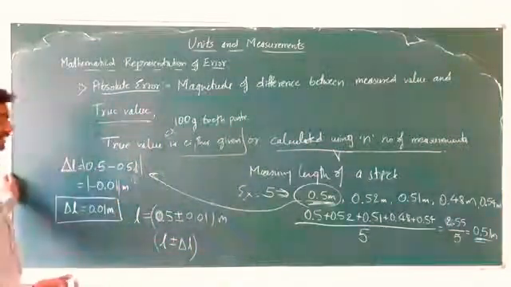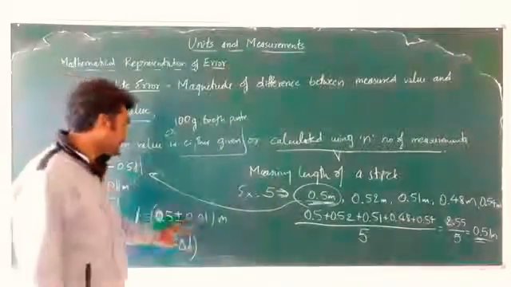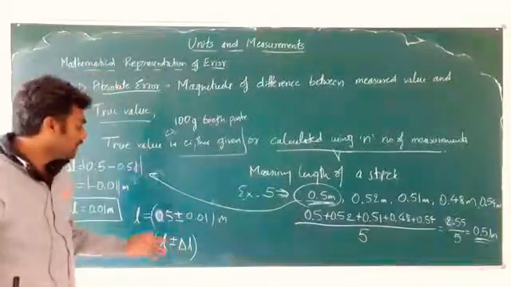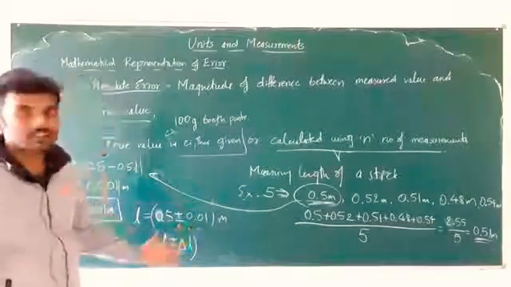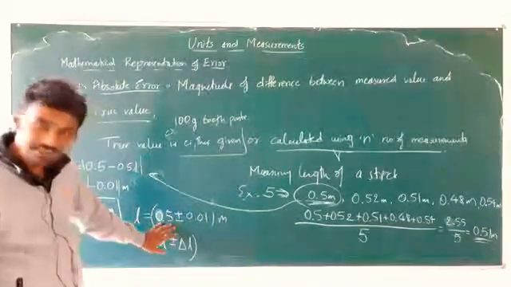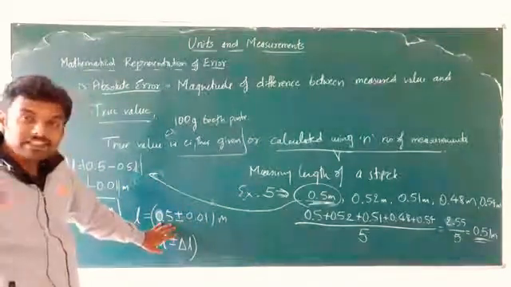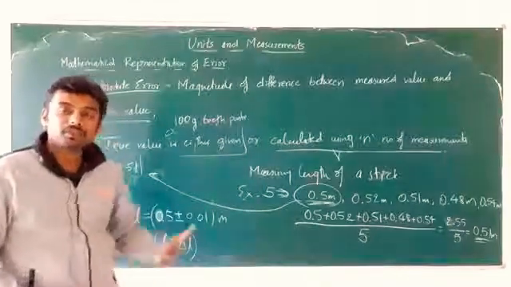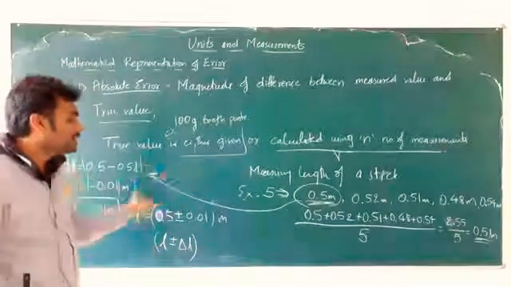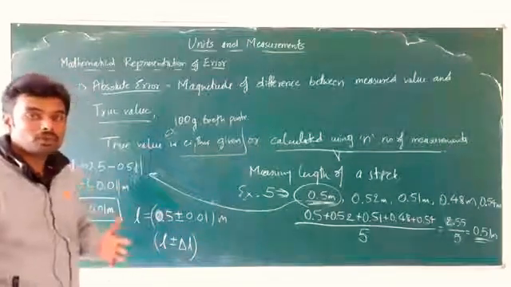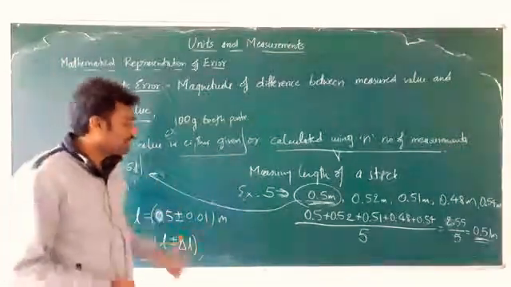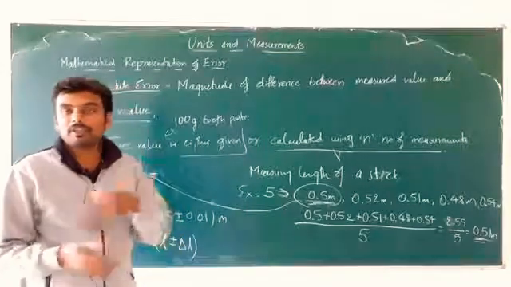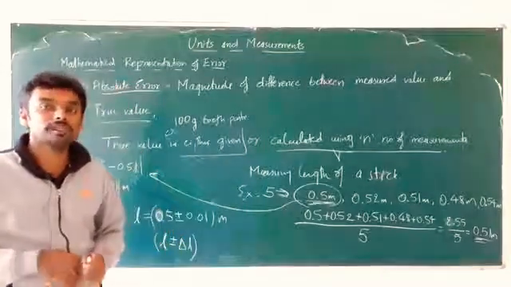We will not add or subtract them mathematically, but this is the representation of error. This is the reading, 0.5 meter, correct. But in this 0.5 meter, we have 0.01 meter of error. The error can be positive or negative. We don't know. If there is an error of 0.01 meter, then the error can be minus 0.01 meter also.